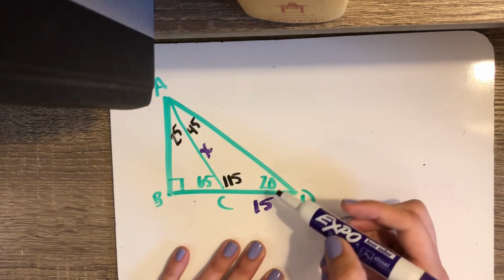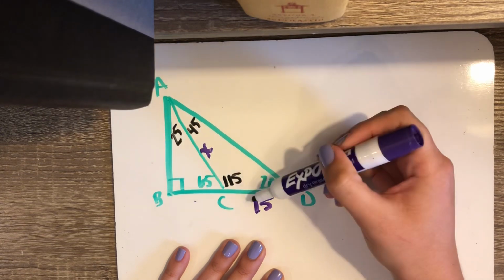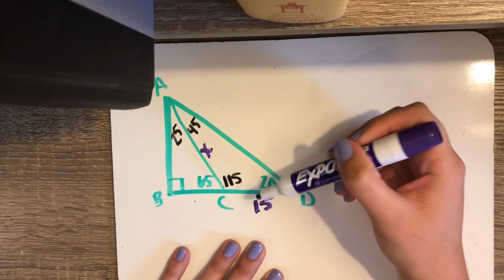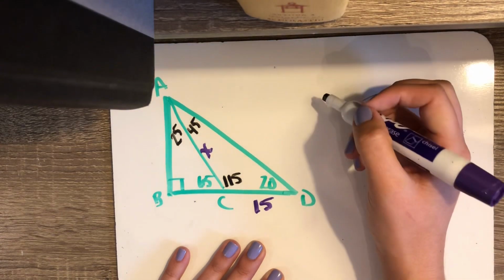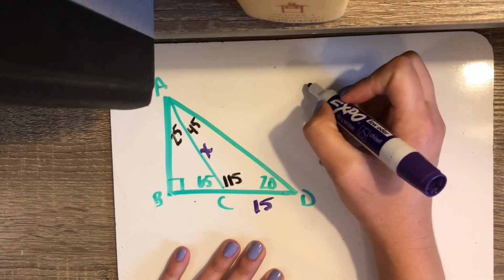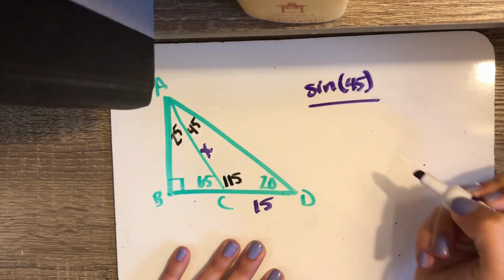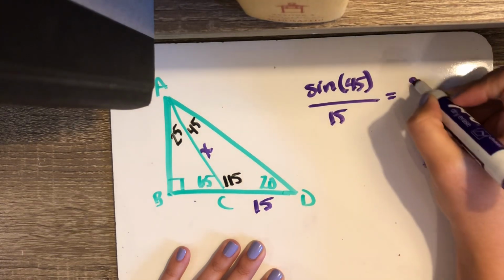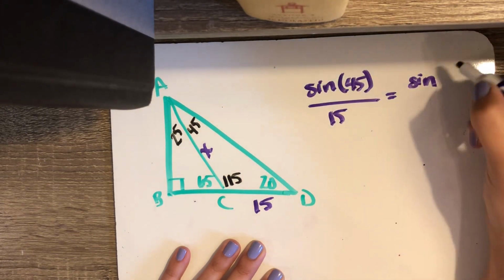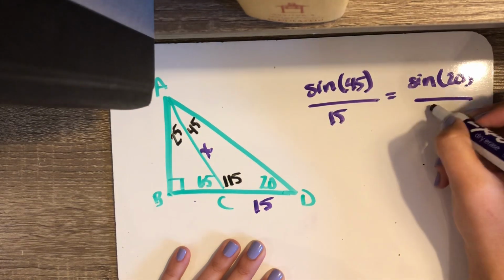So using law of sines, I'm going to apply that sine of one angle over its opposite side length would be equal to sine of another angle over its opposite side length. So the setup for that would be sine of 45 over 15 equals sine of 20 over x.